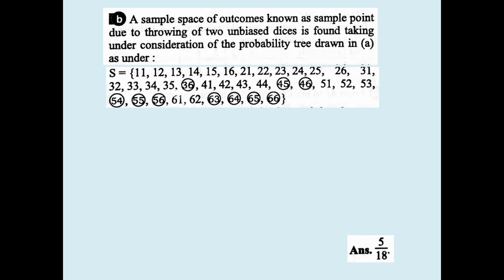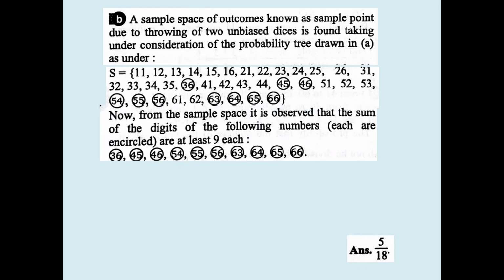Now, question number B. A sample space of outcomes, known as sample points, due to throwing of two unbiased dice is found taking into consideration the probability tree drawn in A, as under: 1 1, 1 2, and in such a way up to 6 6, the last being 6 6.